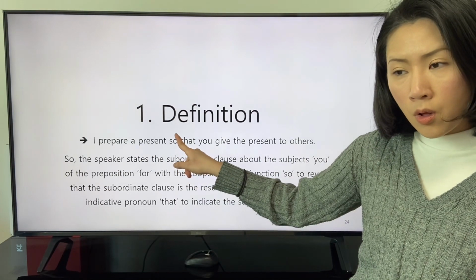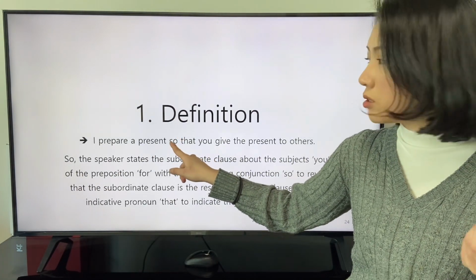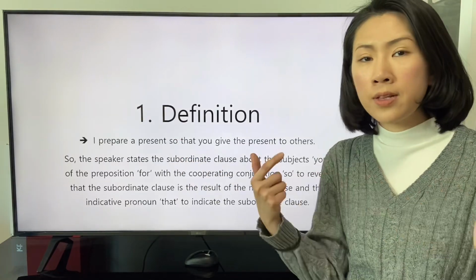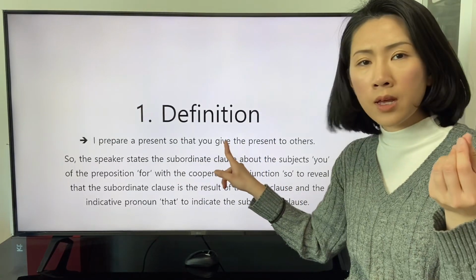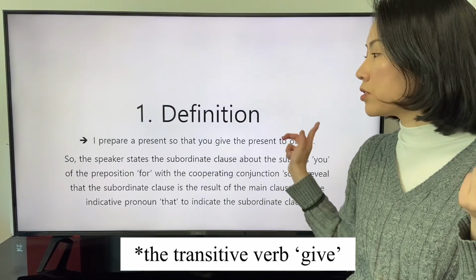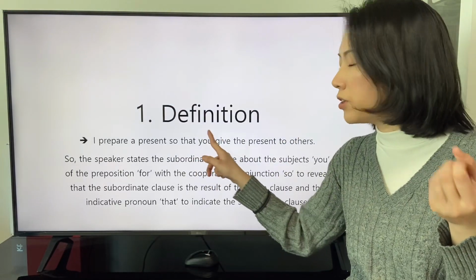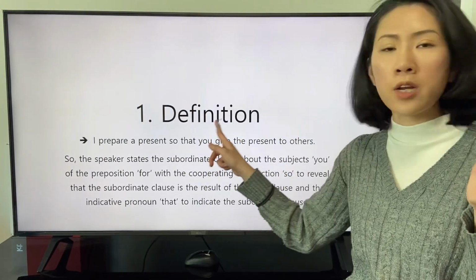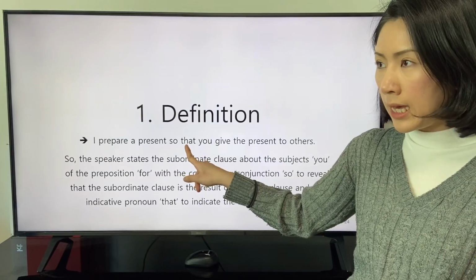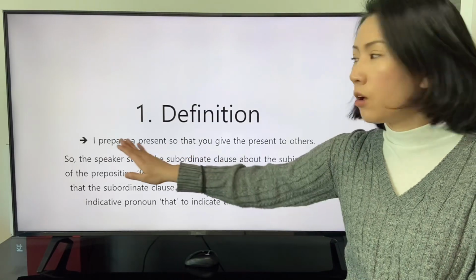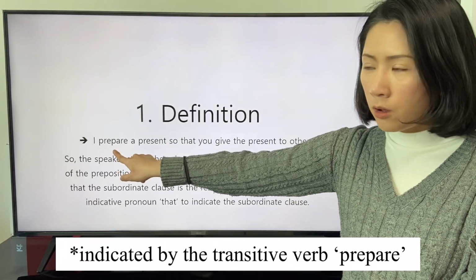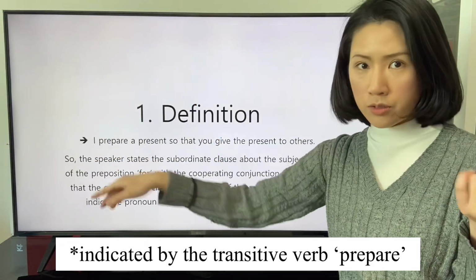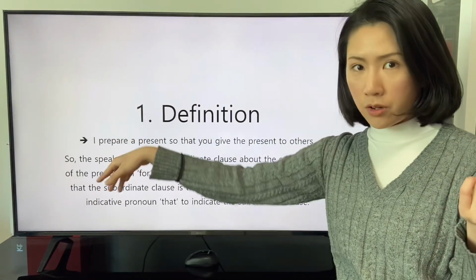The cooperating conjunction so reveals that the action indicated by the listeners, the subordinate clause, is the result of the action of the speaker in the main clause.